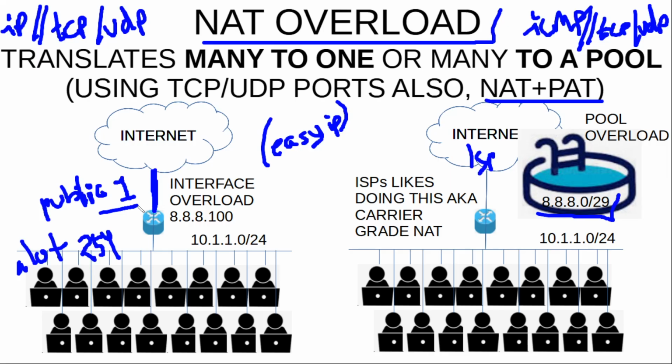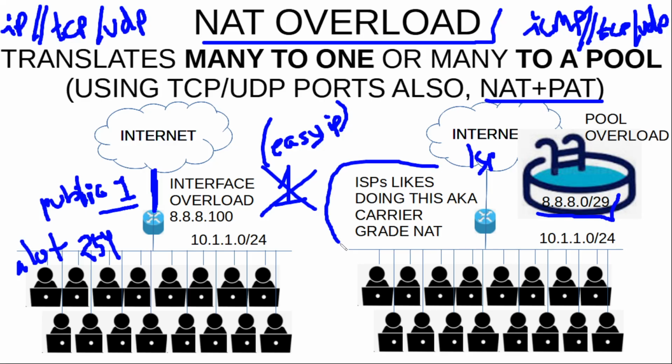You only have so many TCP and UDP ports. Your TCP ports and UDP ports are not infinite. They are a finite resource. So maybe only using one IP address is not enough. So you have to go to your ISP and buy several IP addresses that you are going to configure in a pool of public IP addresses, and then you are going to do overloading over this pool.